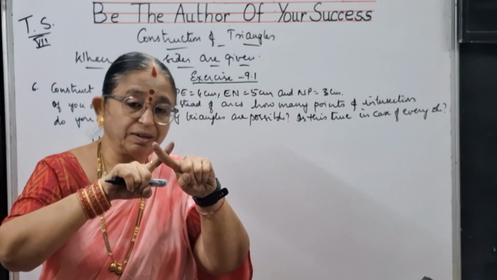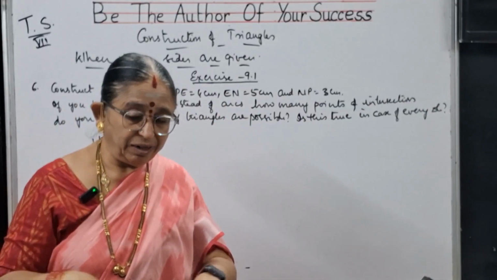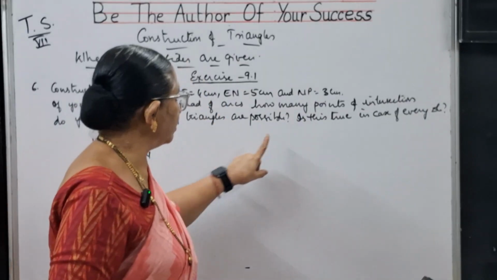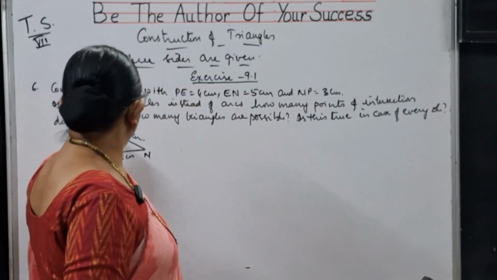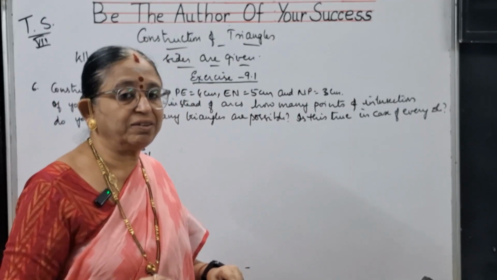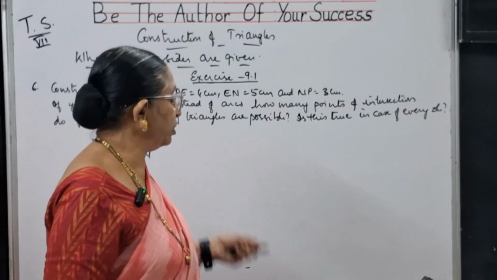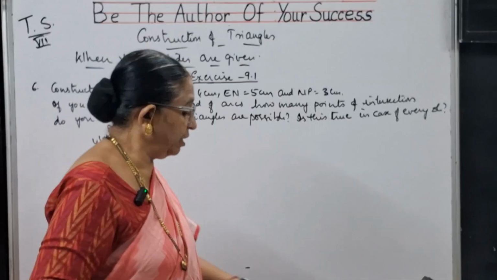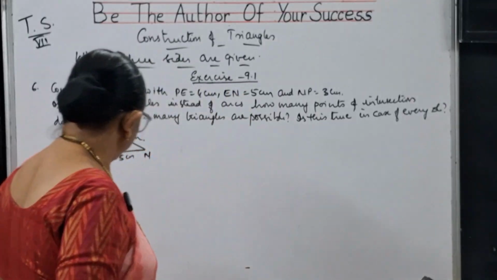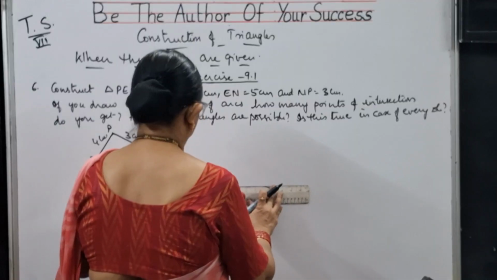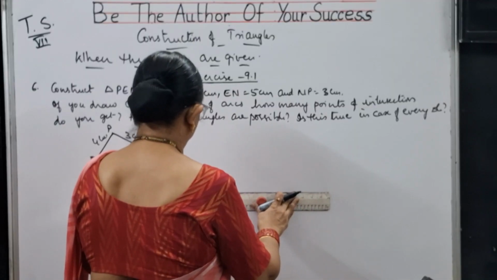So now they are asking to complete the circle. How many points of intersection you are getting, and how many triangles are possible. So with that construction, how many triangles can you do, and is this true in case of every triangle. So they are asking us to do the circle, so I am trying to do it here, children.